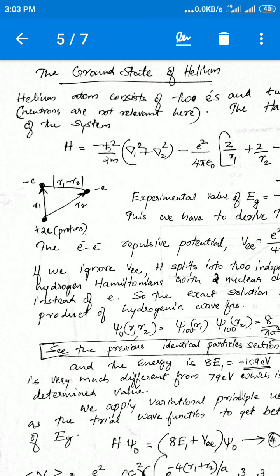The second entity is the first electron, which is at distance r1 away from the nucleus, and the third entity is the second electron, which is at distance r2 away from the nucleus. So we need to write the potential energy of these 3 entities. Let us see how they can be written.